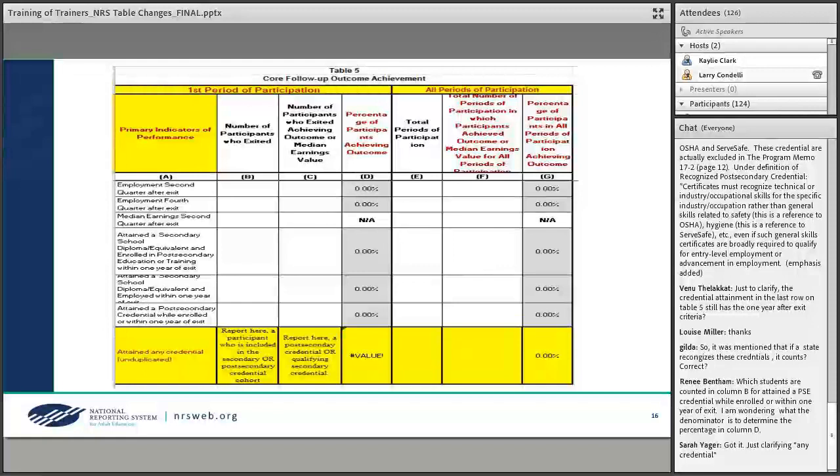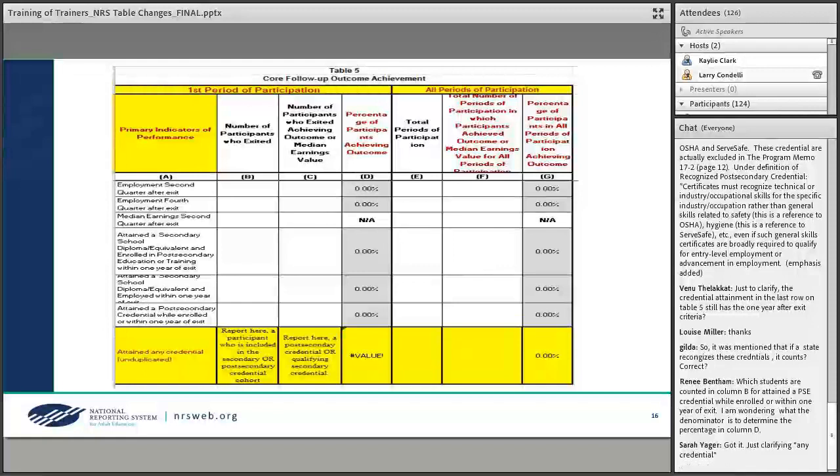But I just wanted to say that that's probably where we need to go to see where these credentials are. This training is not about what credentials count and what credentials don't count. This one is just to show you that there's a new row on Table 5. It combines the post-secondary and secondary credentials together into an unduplicated count, which will then match the number that is reported for the credential indicator on the statewide performance report. That's the joint template that we use to report outcomes under the Workforce Innovation and Opportunity Act.